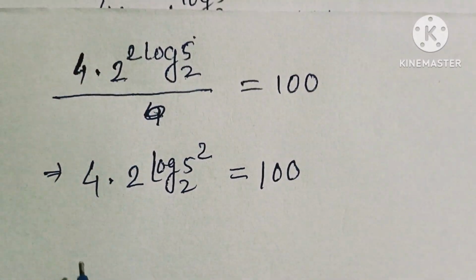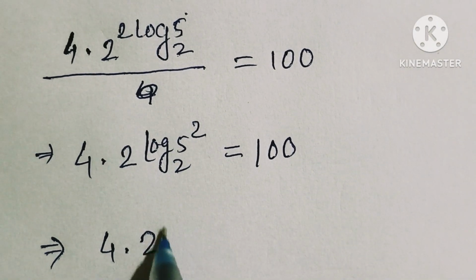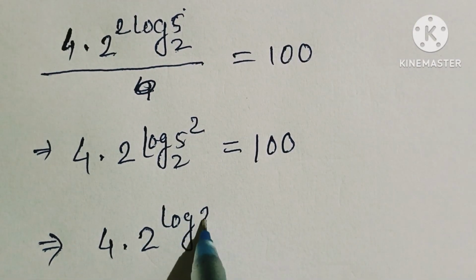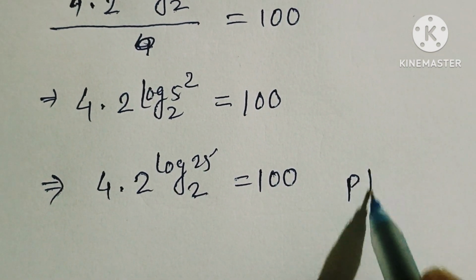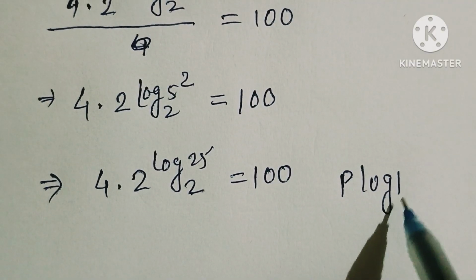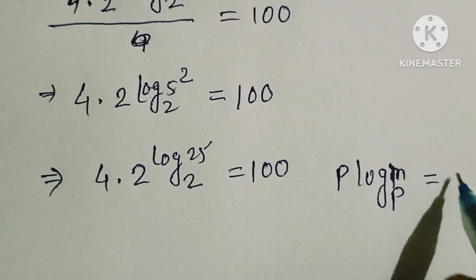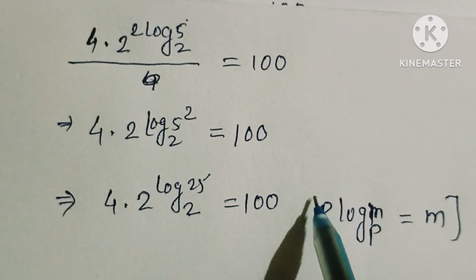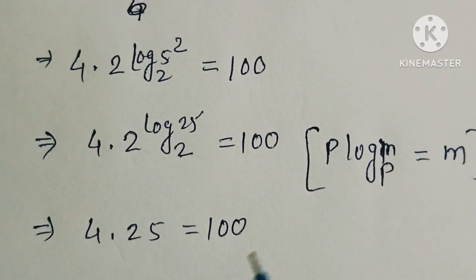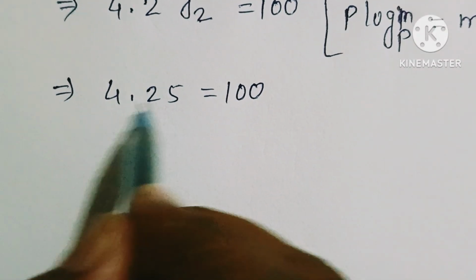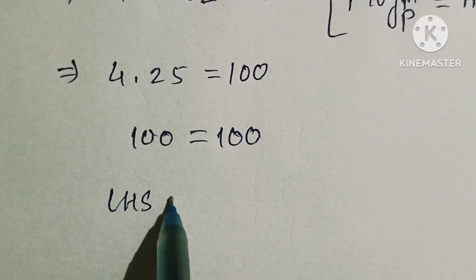Now 4 into 2 raised to power log of 5 square, which is 25, to the base 2 equal to 100. Using p raised to power log of m to the base p equal to m, 4 into 25 equal to 100. Now 25 multiplied by 4 equal to 100. So LHS is equal to RHS.